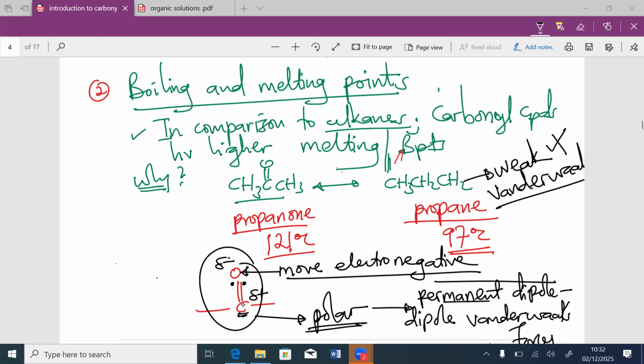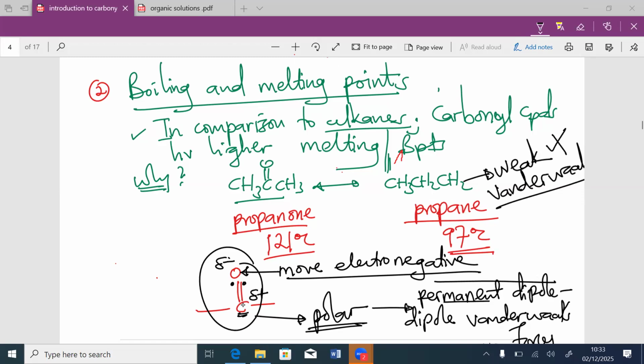The reason I said that in carbonyl compounds, the C=O functional group, oxygen is more electronegative than carbon. In other words, electronegativity refers to the ability of an atom to draw bonding pairs of electrons more towards itself. Oxygen is going to draw those bonding pairs of electrons more towards itself, causing it to acquire a partial negative charge, as carbon acquires a partial positive charge.